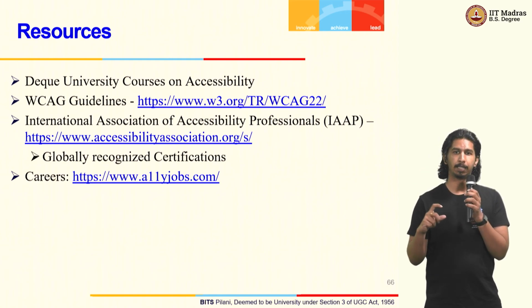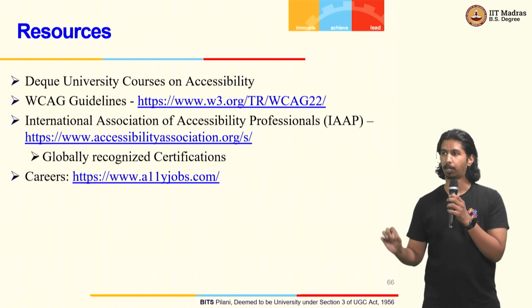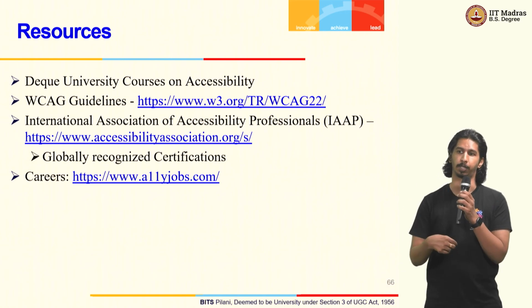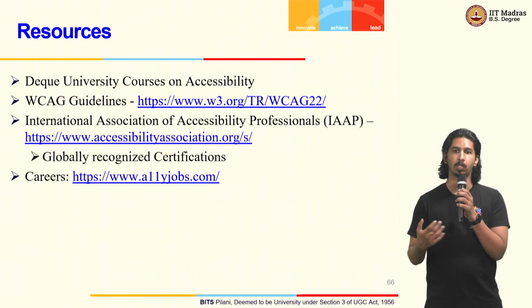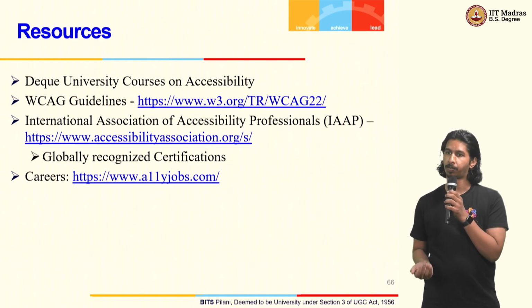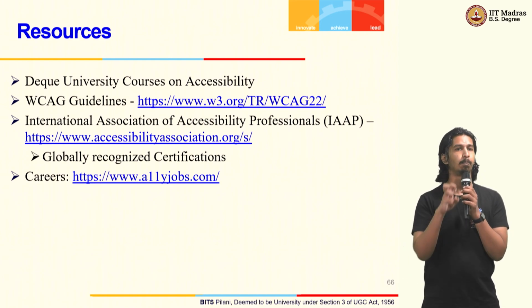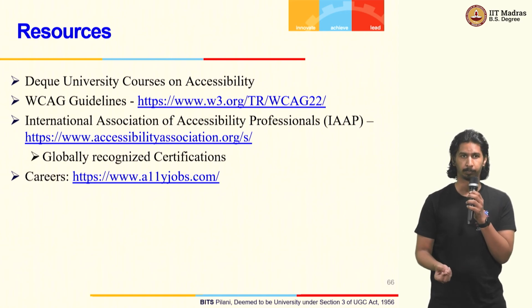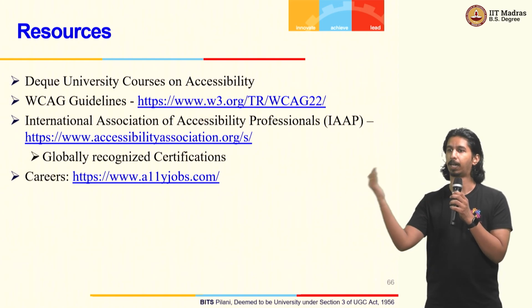So these WCAG guidelines are a good starting point. But just because you satisfy all these criteria, you cannot say that every person on the planet can use my website or my digital product. One direction which WCAG is going to take in the next few years is that it will make sure that representative samples of all types of disabilities are testing your product, not just these checklists or success criteria like a pass or a fail.